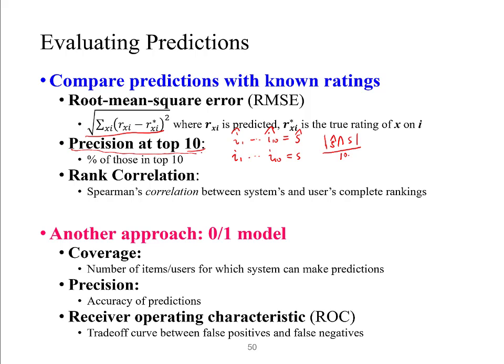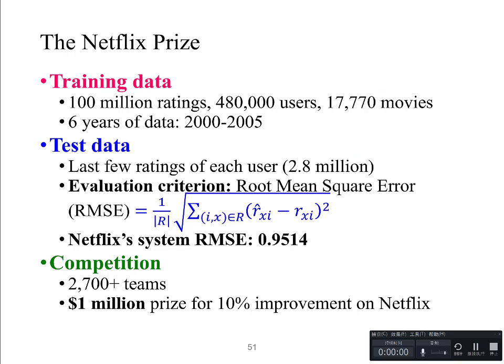Or the ROC curve, which is a trade-off curve between false positives and false negatives. We're not going to dive into the details of these measurements, but if you are interested, you can do your own research and search online. These are very common topics.